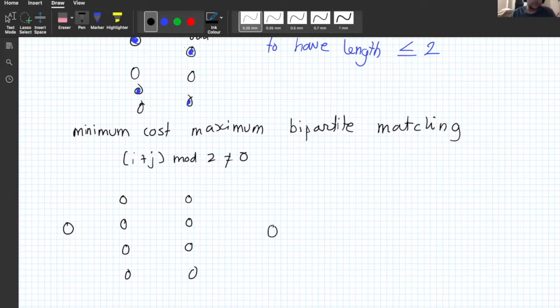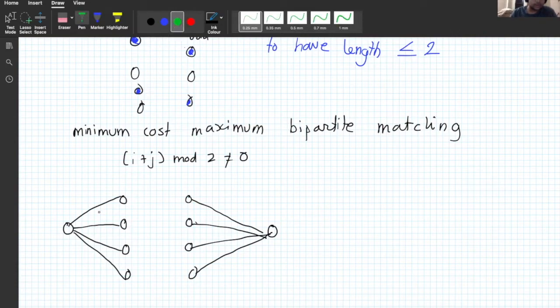So we do this connection here. This green thing is the source, and this red thing is the sink, and the capacity of each of these is set to 1. Similarly, the capacity of all of these is set to 1.